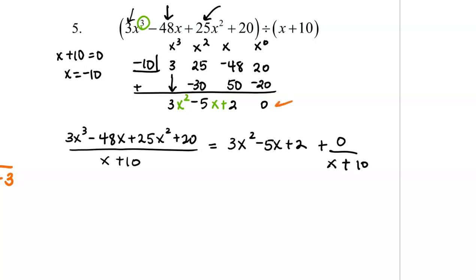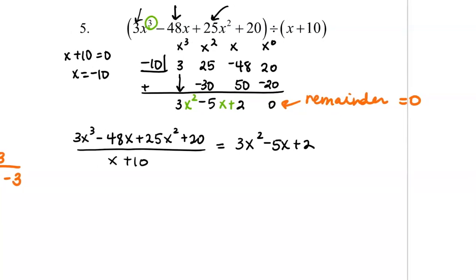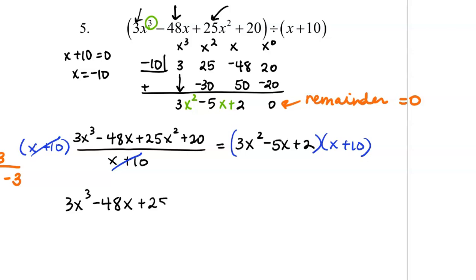And again, notice that when the remainder is equal to 0, and we do not have to write this, then we could take this equation and quickly multiply both sides by the divisor to cancel it out on the left-hand side and be left with a much simpler equation, that 3x cubed plus 25x squared minus 48x plus 20 is equal to the product of 3x squared minus 5x plus 2 multiplied by x plus 10.